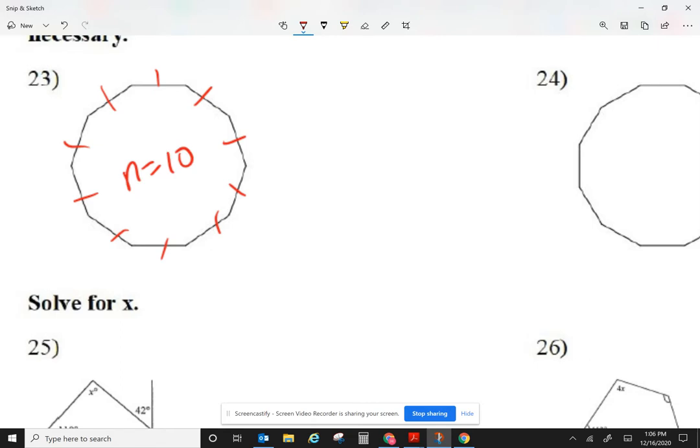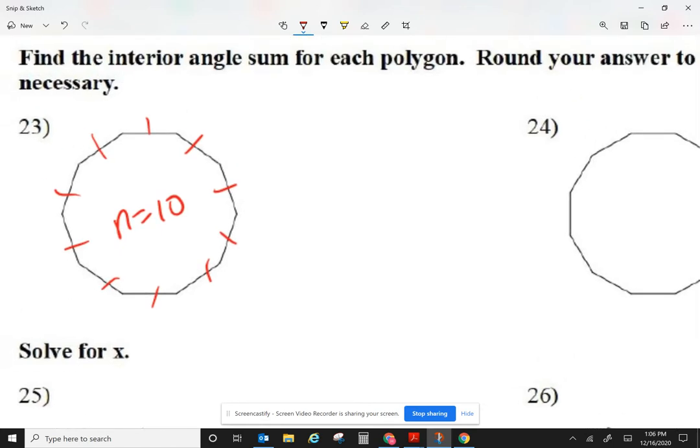The way I'm going to find out how much the angles on the inside add up to, because that's what interior angle sum means, the angles on the inside, let me add them up. I remember a formula: n minus 2, and whatever I get, I'm going to go times 180.